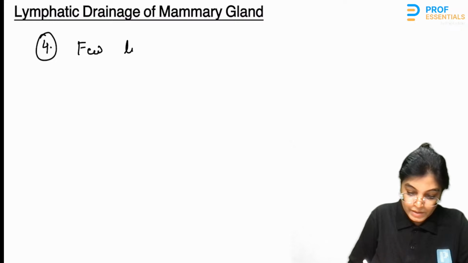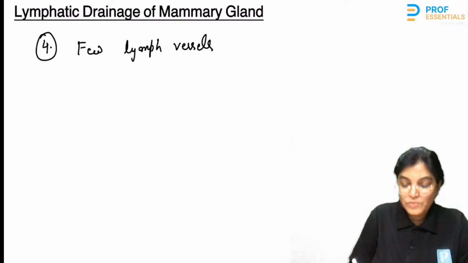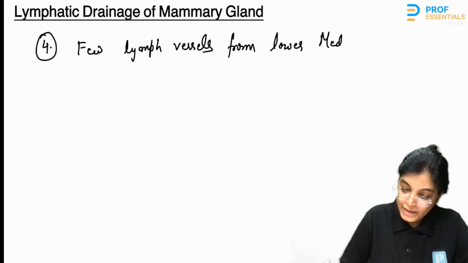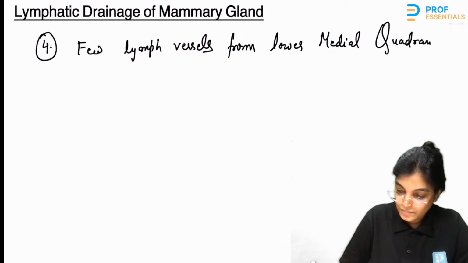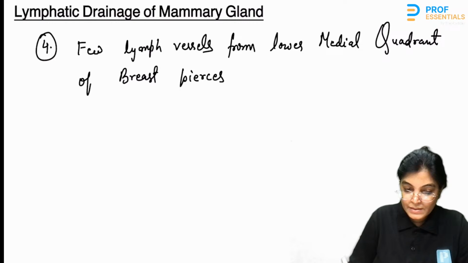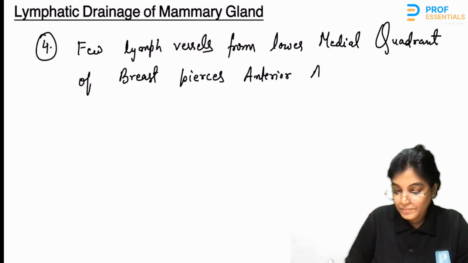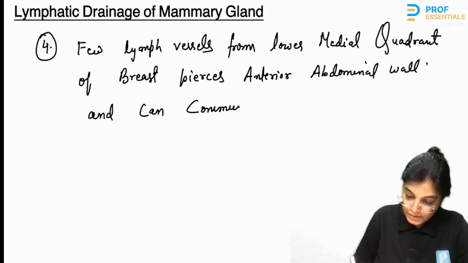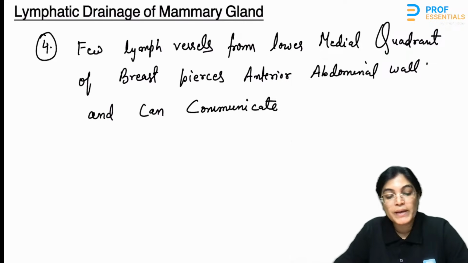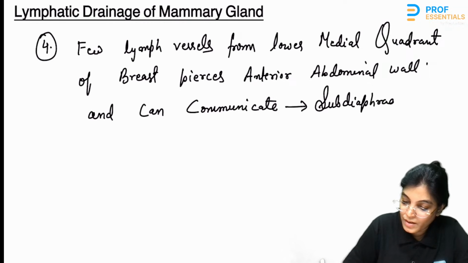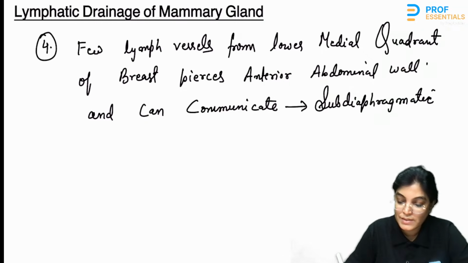A few lymph vessels from the lower medial quadrant of the breast pierce the anterior abdominal wall, and can communicate with the subdiaphragmatic and subperitoneal lymph plexus.